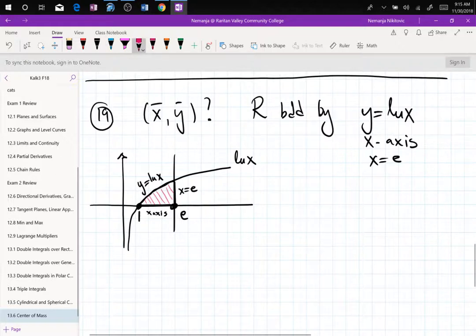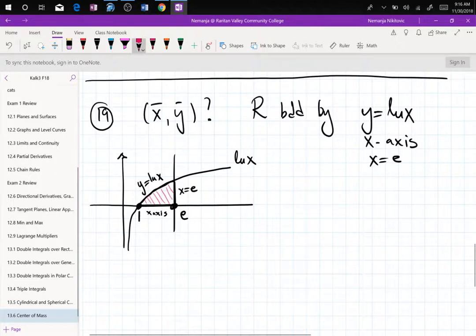We want to find the point such that if you cut that shape out of metal, cardboard, or wood, and put that point on the top of your finger, it stays perfectly balanced. Now, the density function is not given, which means that the density is uniform. If you have uniform density, rho equals 1 is just fine.